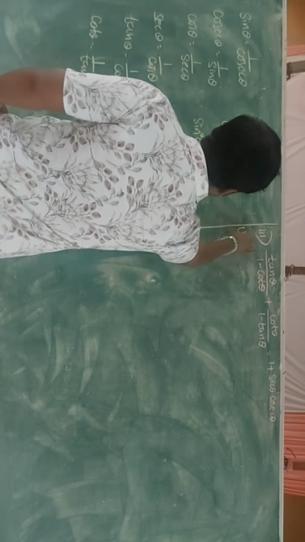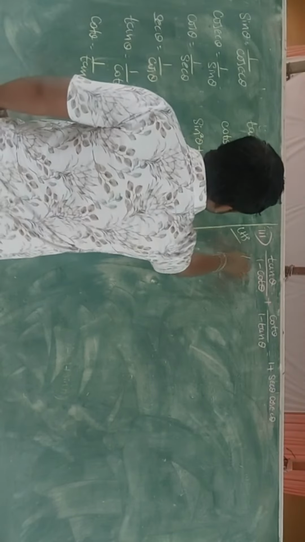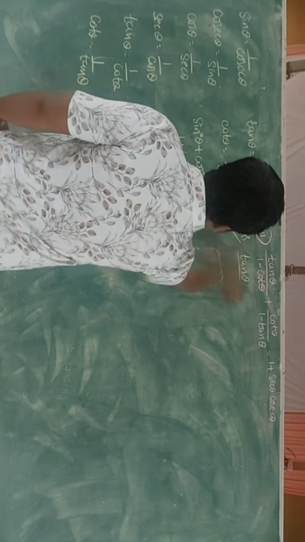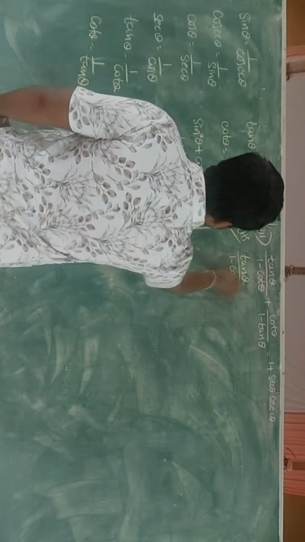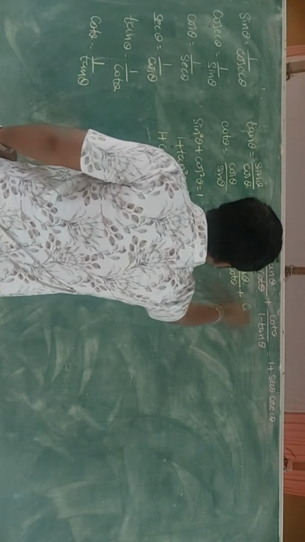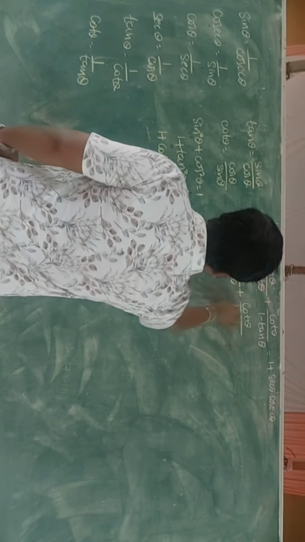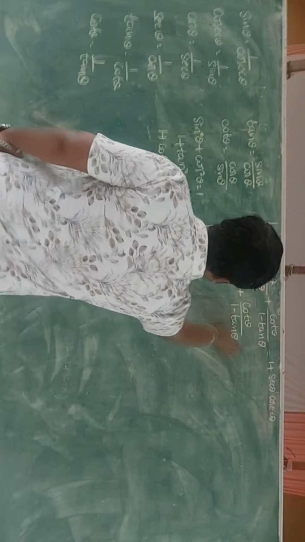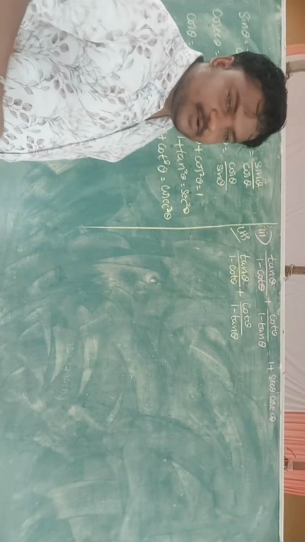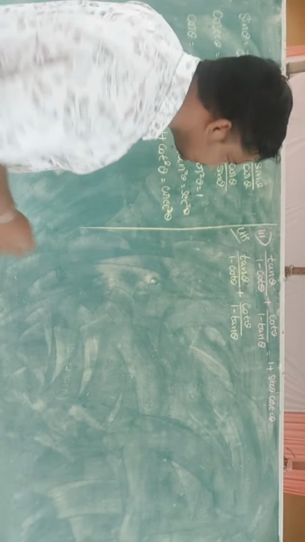So LHS is tan theta upon 1 minus cot theta plus cot theta upon 1 minus tan theta. Let's write the LHS side. Express tan and cot in the form of sin and cos.